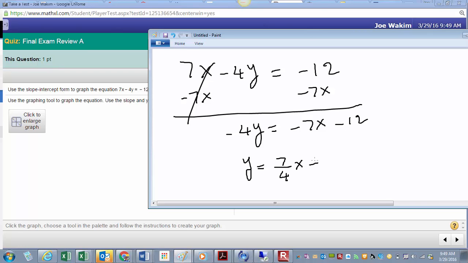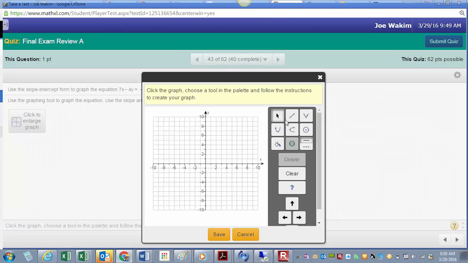Plot the y-intercept. Go up 7, right 4, and you'll be done. So let's plot this. Plot the 1, 2, 3. Go up 7. 1, 2, 3, 4, 5, 6, 7. Right 4. 1, 2, 3, 4. And make sure I'm doing this right. So we plot the y-intercept as 3.